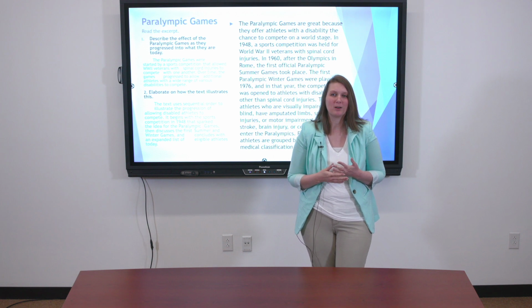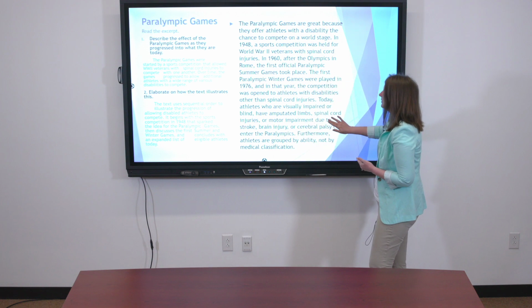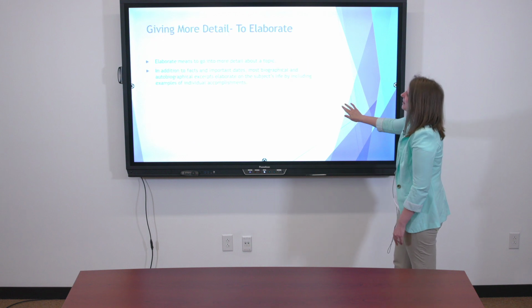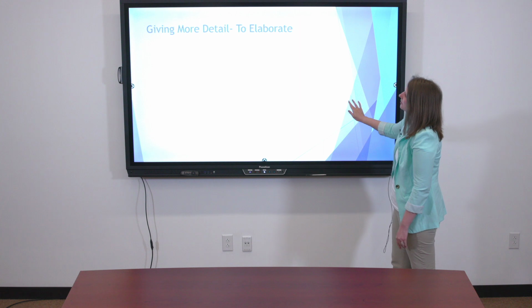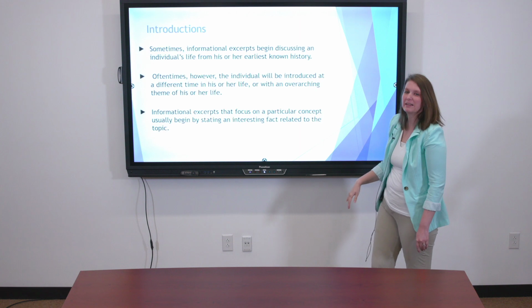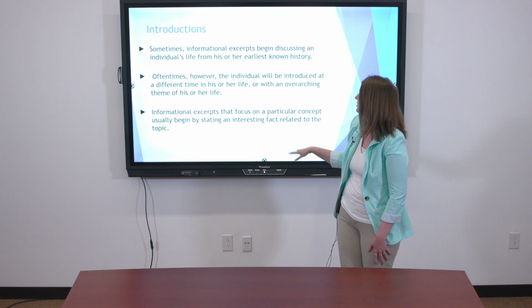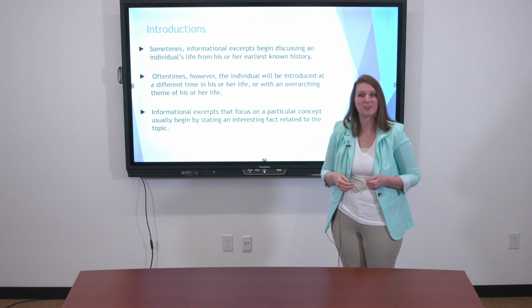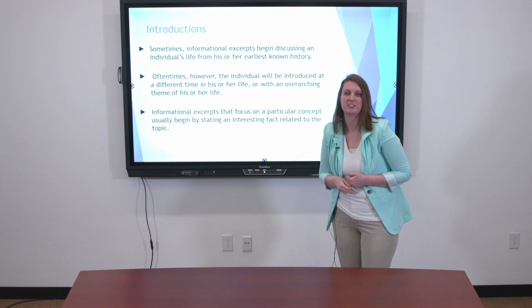So just remember, let's go ahead and go back and review. Remember the introduction, so let's go back and review this, and then we're gonna go to illustrations, and then I'll let you guys go to work on your assignment for your teacher.